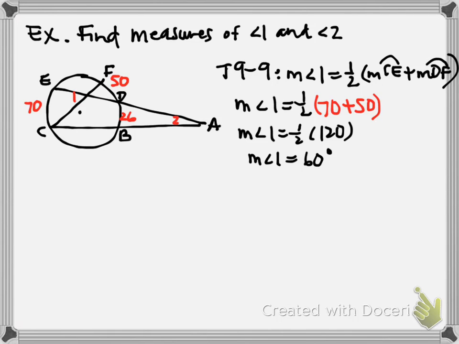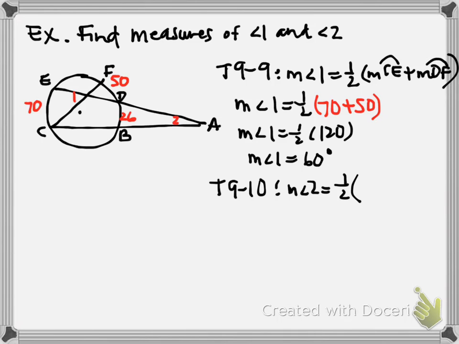Okay? So that's first. Now we can use Theorem 9.10 because we've got two secants. We've got secant AC and we've got secant AE. So that says that the angle that is formed from those two secants, which would be the measure of angle 2, is going to be 1/2 the difference of the intercepted arcs.